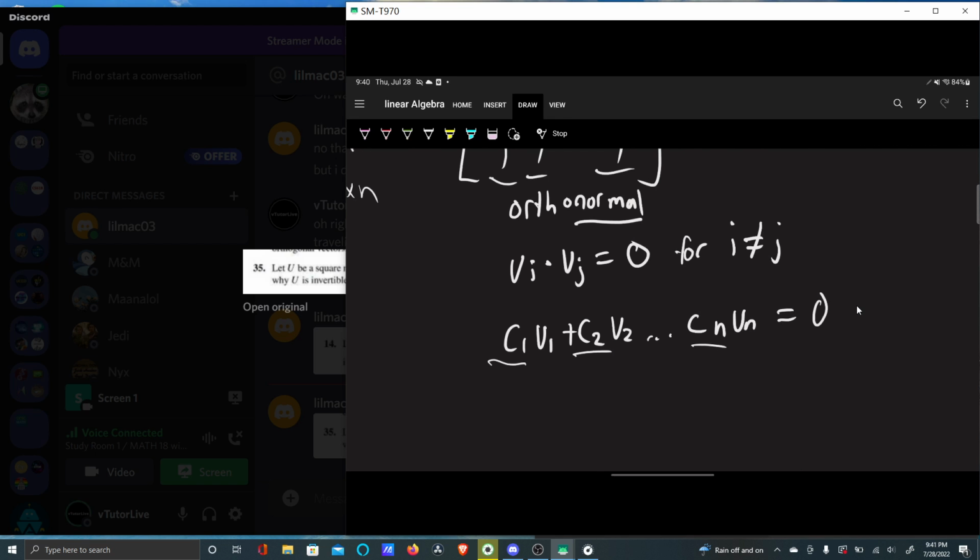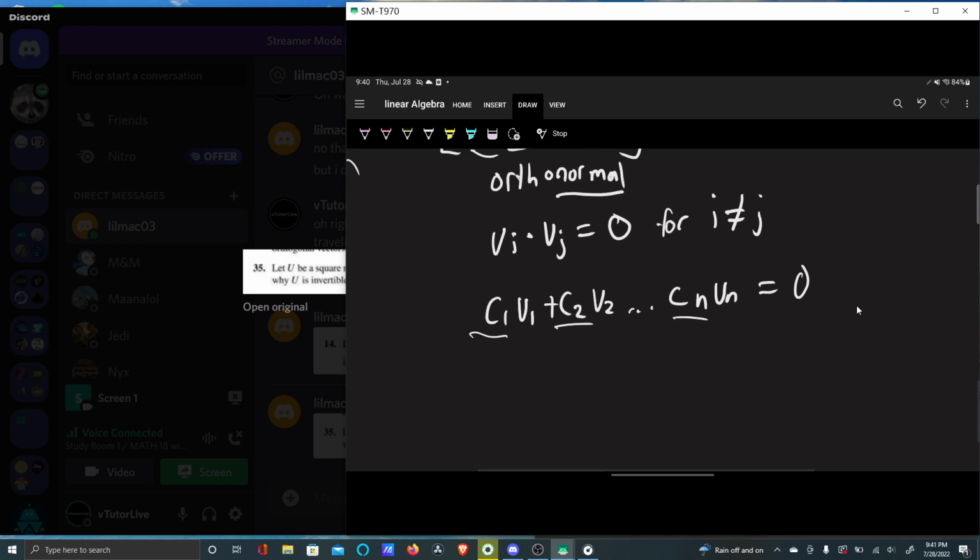I think the way to do this, can we dot it with itself? Yeah, that's the trick. What we could do is square both sides.